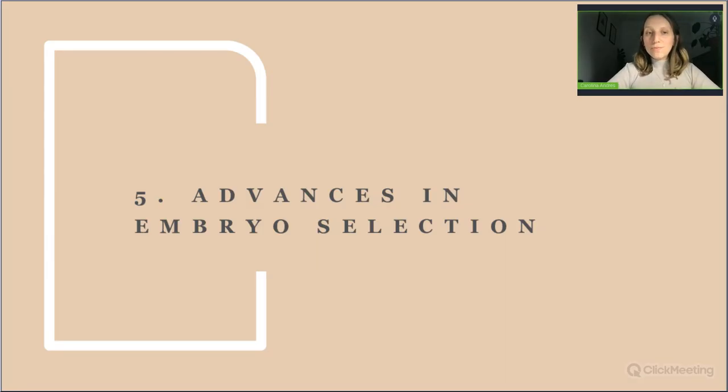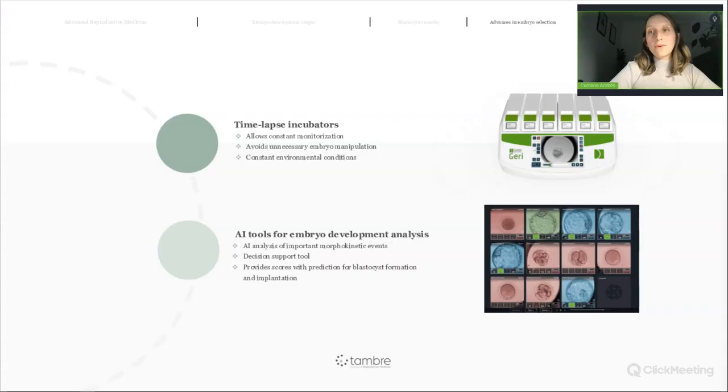So to finish off, I would like to talk about the latest advances in embryo selection. As I have mentioned, the culture has been improved. And this has been improved not only by the culture medium, but also thanks to the incubators we use nowadays. We have incorporated into our routine time-lapse incubators. These incubators allow us constant monitoring of the embryos, avoiding unnecessary embryo manipulation.